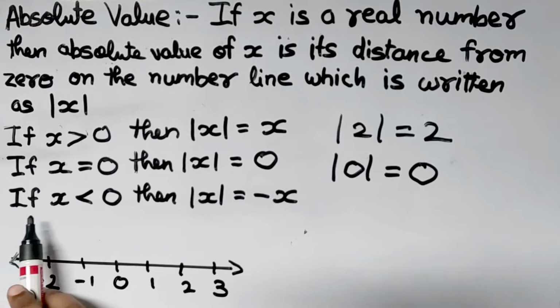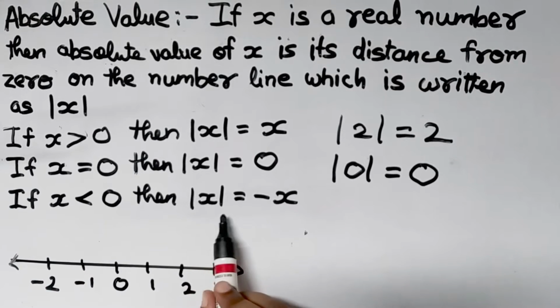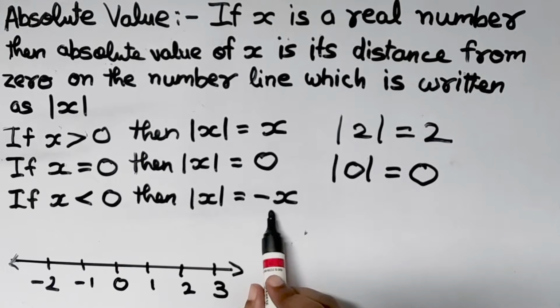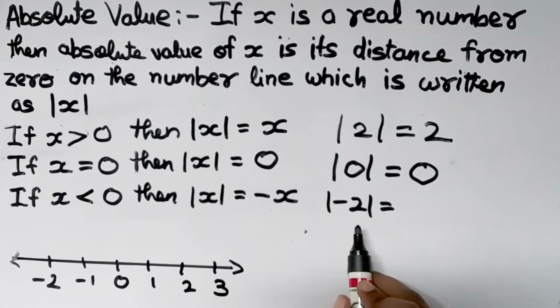Now if x is less than 0, then the absolute value of x is equal to minus x. See here, the absolute value of minus 2.